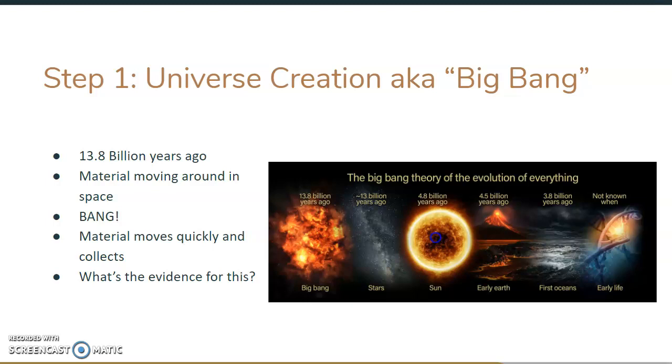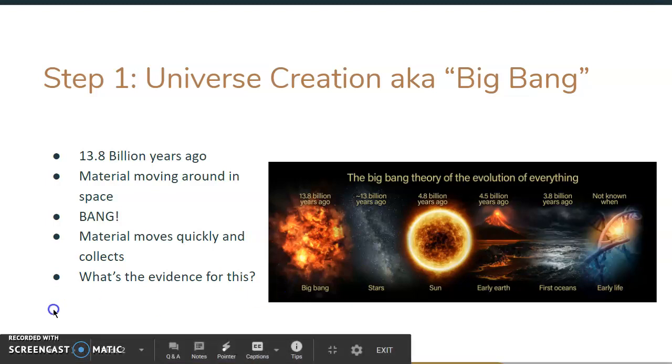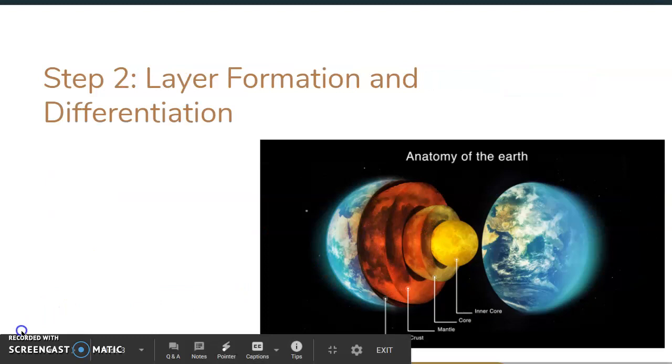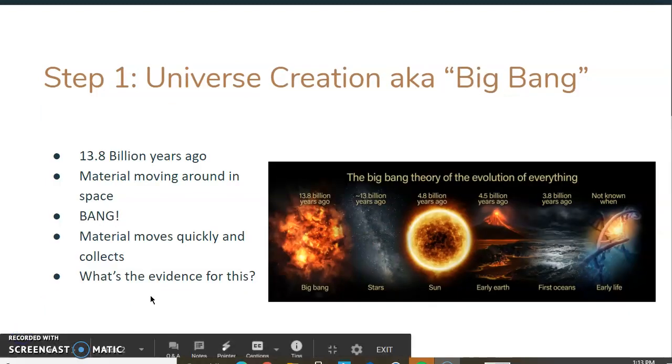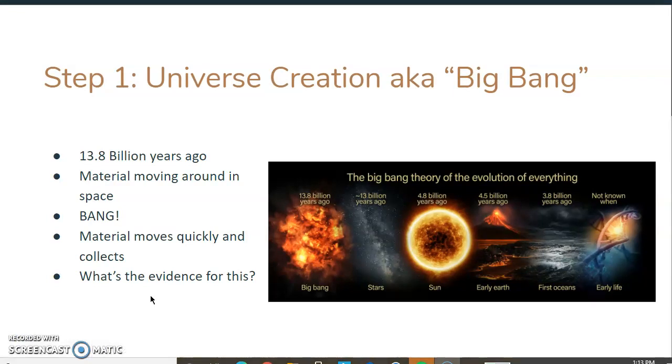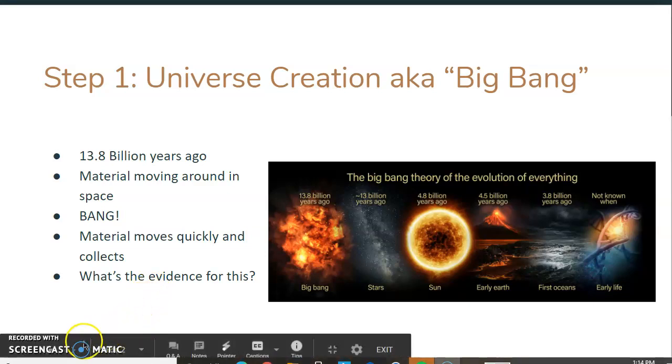Our evidence for this is we can look at the material in outer space that is still around today and determine that those materials floating around are actually within our stars and within each planet. So step one is the creation of the universe, which is also known as the Big Bang.